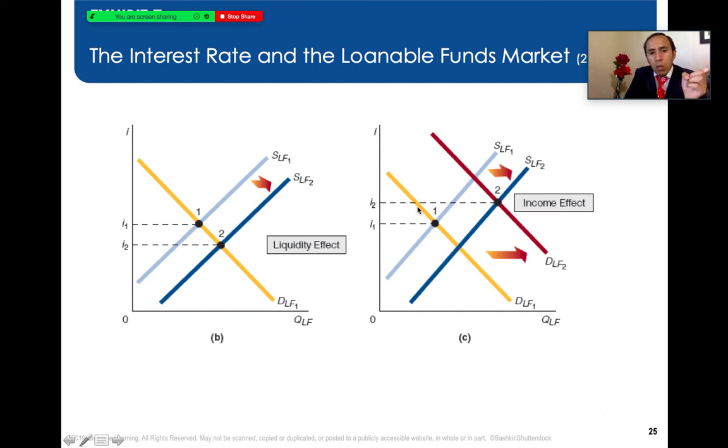Now, what about the demand curve shifting? If there's an increase in the demand for loanable funds, with more investors and more consumers demanding more funds, the market in general demands more funds, and those demanding funds can create a new equilibrium at point 2 at a higher rate than before, even if the supply of loanable funds has increased to satisfy the funds available in the market at lower rates.